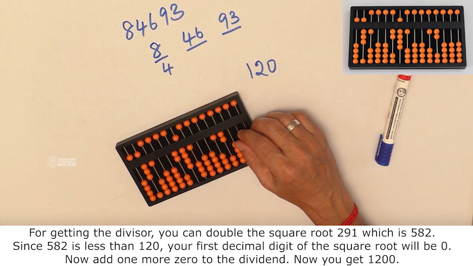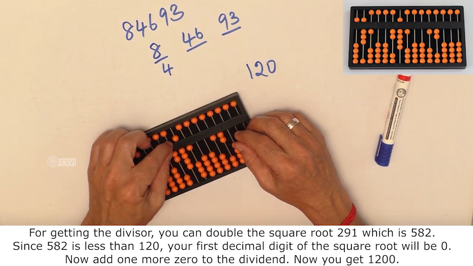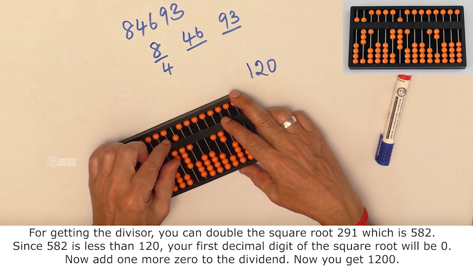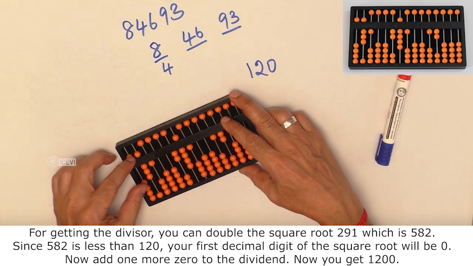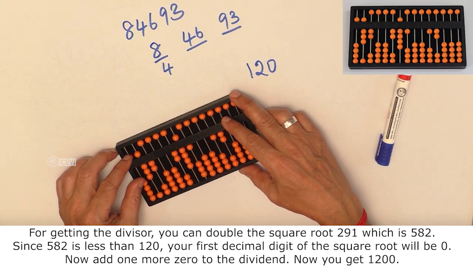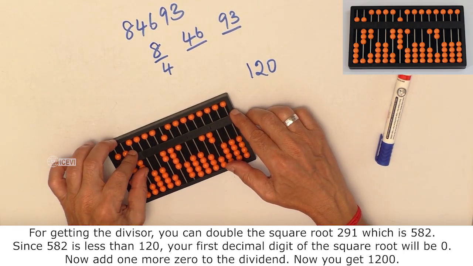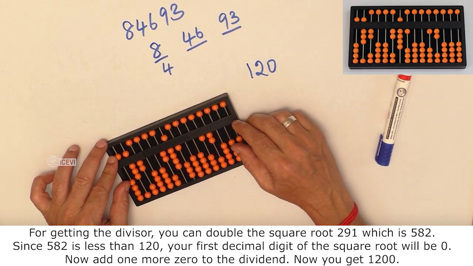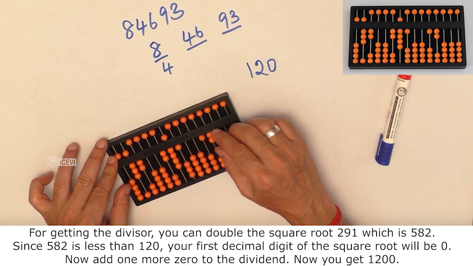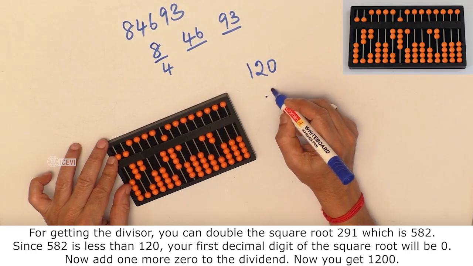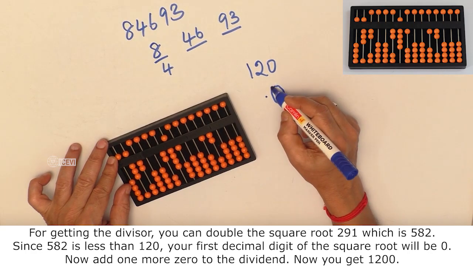For getting the divisor, you have to double the square root 291, which gives you 582. Since 582 is greater than 120, your first decimal digit of the square root is 0.